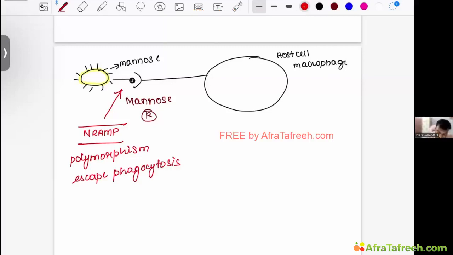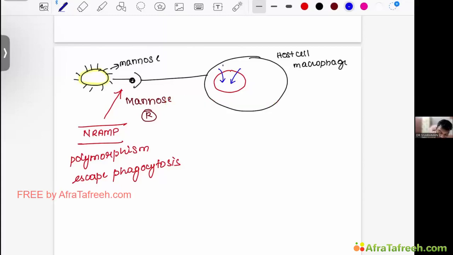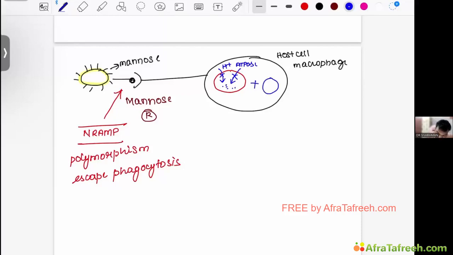The bacteria will be taken up by the phagosome, and there is an influx of hydrogen ATPase. This hydrogen ATPase will start killing the bacilli. Then it will combine with the lysosome.